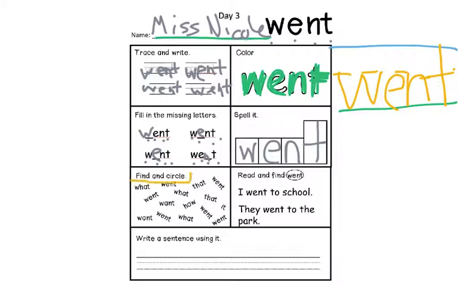Next, we're going to find and circle. So I'm going to read all these words with you, and you're going to circle them if they say went. This word says what. Our power word today is went.